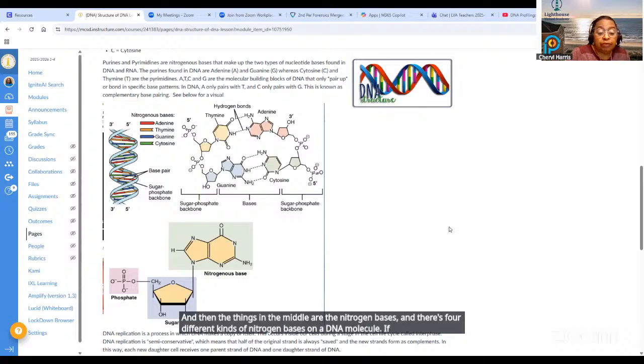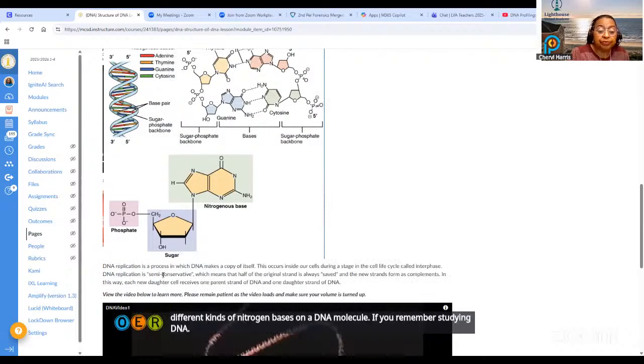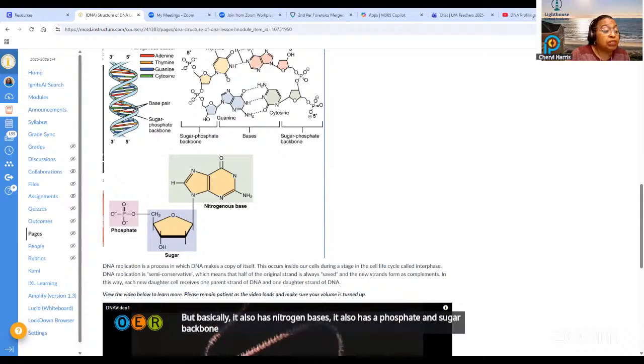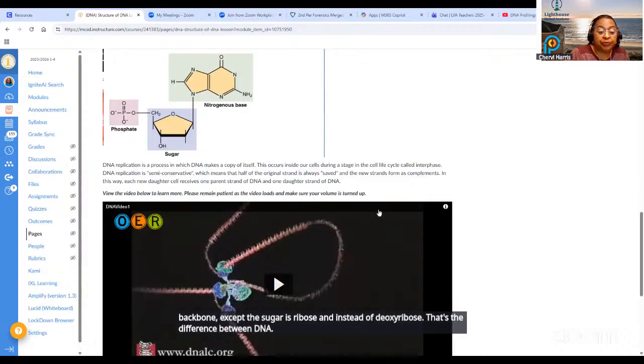If you remember studying DNA in biology, you know that there's also RNA, and RNA is a little bit different, but basically it also has nitrogen bases. It also has a phosphate and sugar backbone, except the sugar is ribose instead of deoxyribose. That's the difference between DNA and RNA.